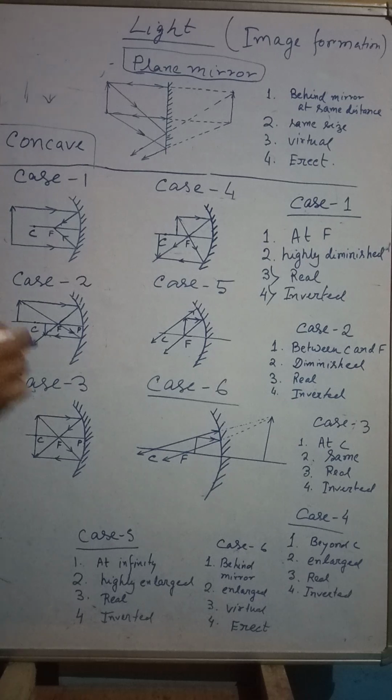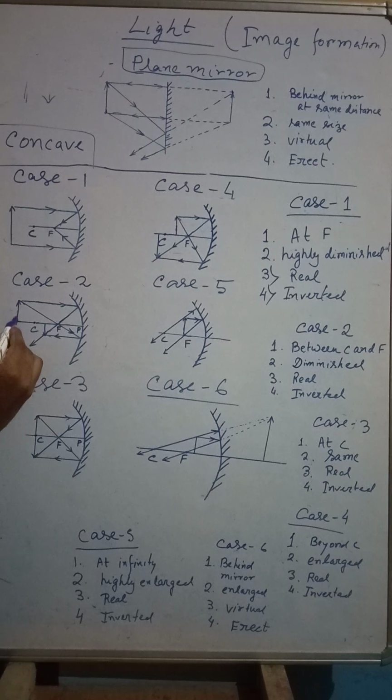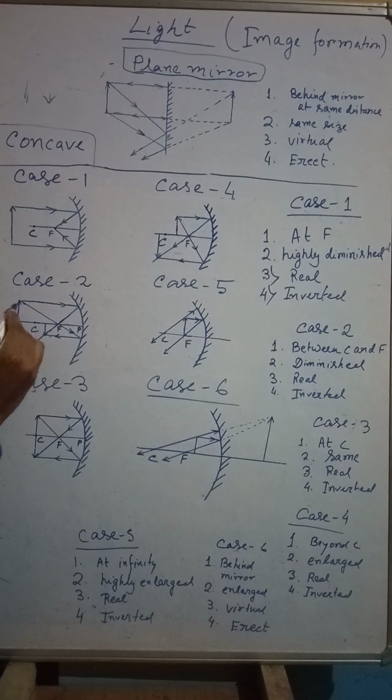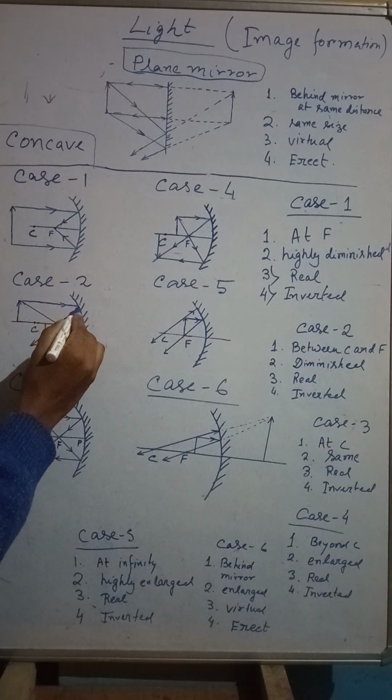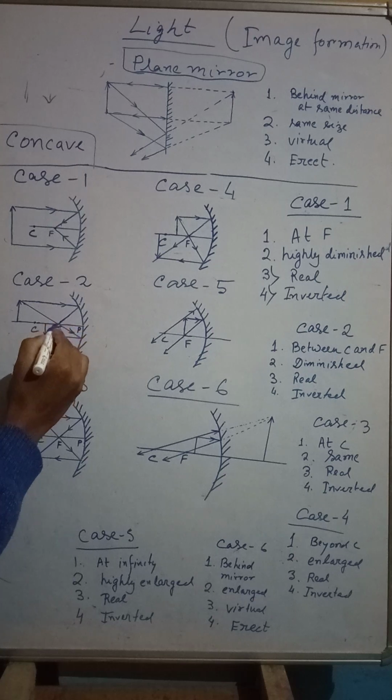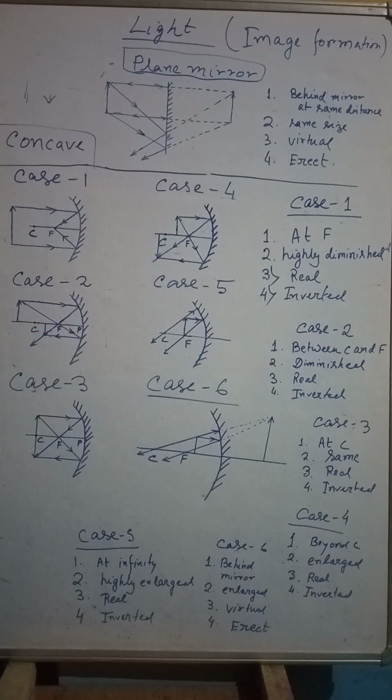Case 2: you can see this is the object. The object is present just beyond point C, the center of curvature. This is the center of curvature, and this is the object. So this is the incident ray parallel to the principal axis, and after reflection the reflected ray goes through the focal point. This is one ray.